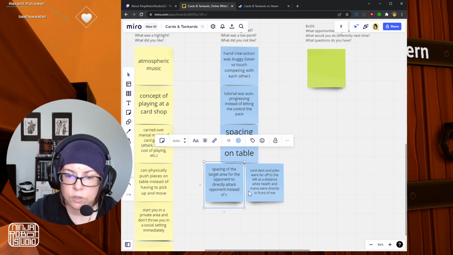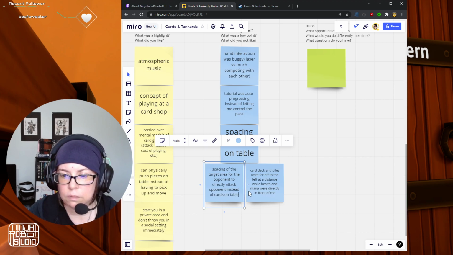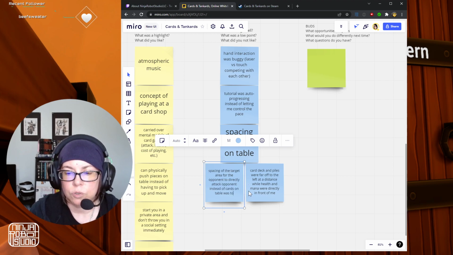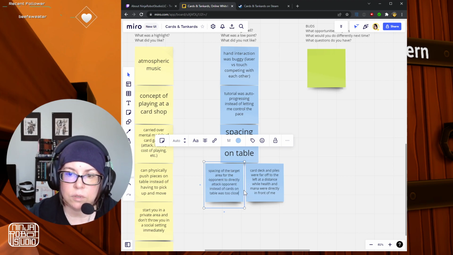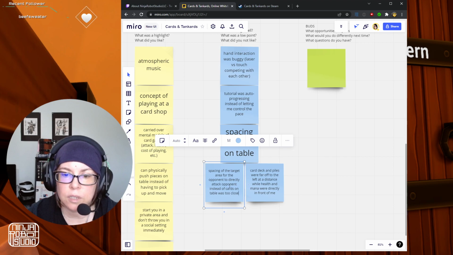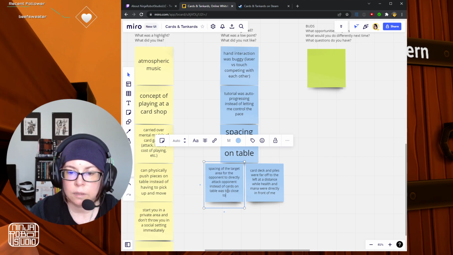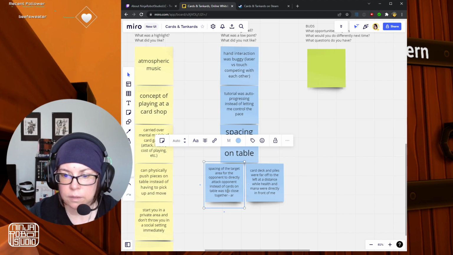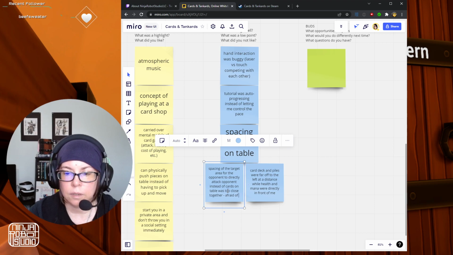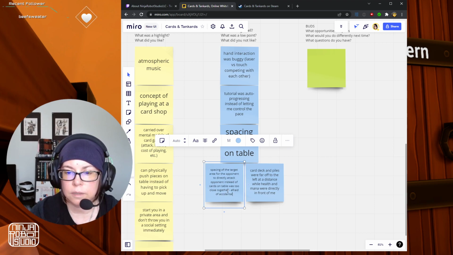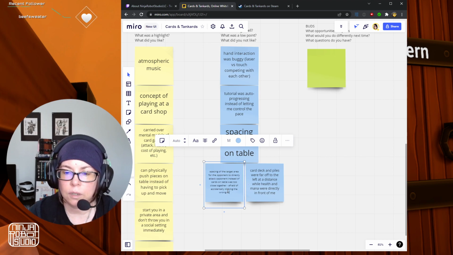Instead of the cards on the table, was too close. I need this to be in present tense because it's still the case. Too close together. Afraid of accidentally clicking the wrong target.